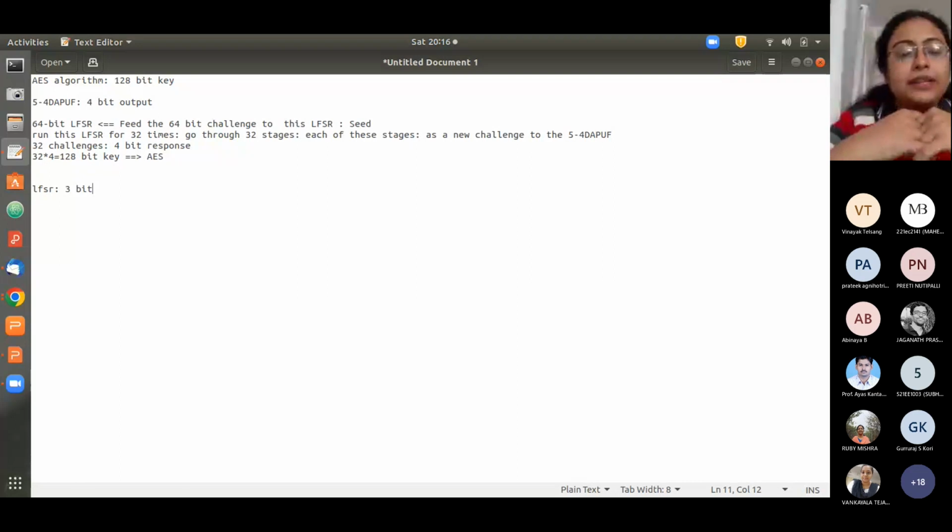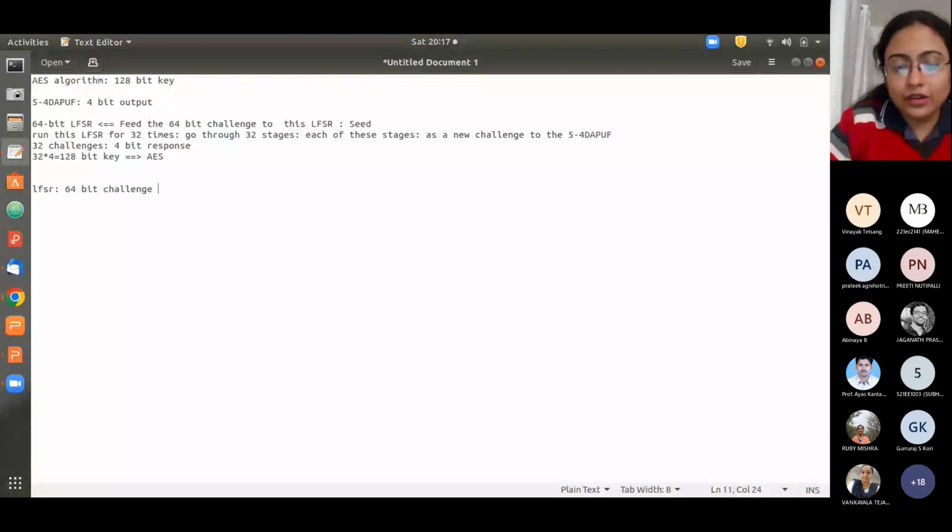Because a 3-bit LFSR will not work, what you can do is give a 64-bit challenge to the LFSR.